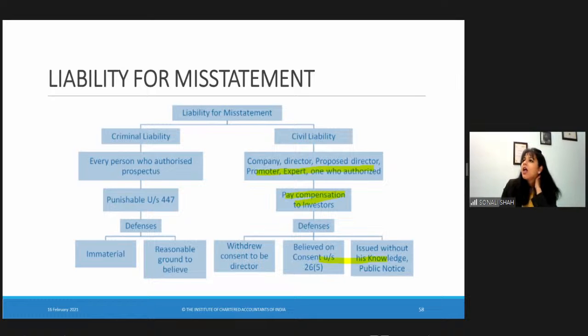Or let's say the company had issued dividends in the past 3 years, but the dividend was not issued out of profit, it was issued out of reserves. The reality is the company had actually suffered losses in the previous 3 years. So this you can say is concealment of fact. The important fact that the company was suffering from losses is a concealment of fact.